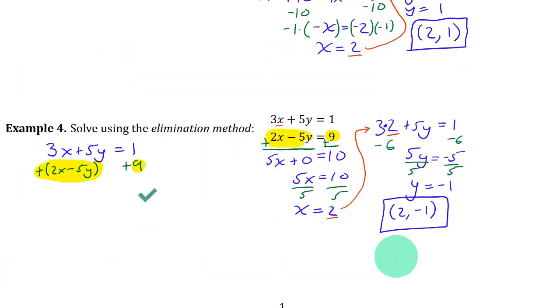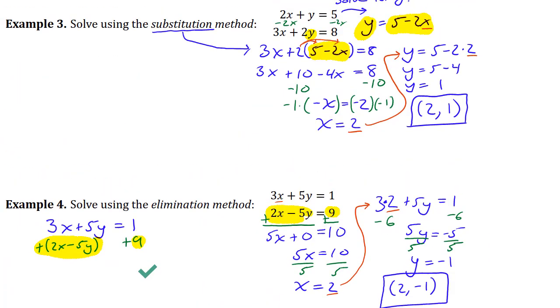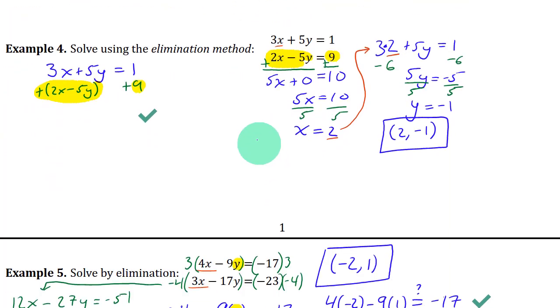And then there's also the substitution method, which is convenient when you just have one variable by itself, like the y doesn't have any coefficient on it. That makes it really quick to solve this for y. And then you substitute this expression in for y there. So those are the basic methods.